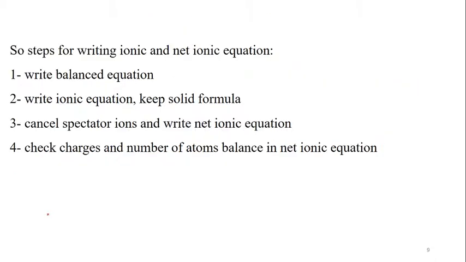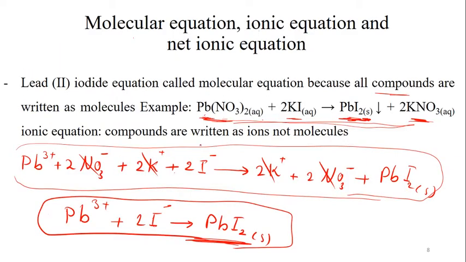So the steps for writing any ionic or net ionic equation: first I need to balance my chemical equation. Second, I need to write my ionic equation keeping the solid formula. So I just write the dissociated species in water, but I keep my solid formula as it is. Then I cancel the spectator ions and write a net ionic equation. Those ions, here this one and this one, we name spectator ions.